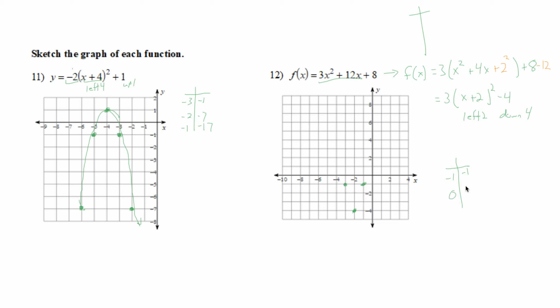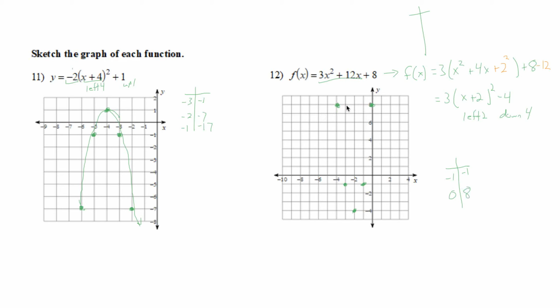Plugging in 0, we could put it into this form, but it's actually easiest to plug 0 back into the original, because you'll have 3 times 0 squared, which is 0, plus 12 times 0, which is 0, plus 8. And so you just get 8. 0, 8, and because of the symmetry, we have another one over here.